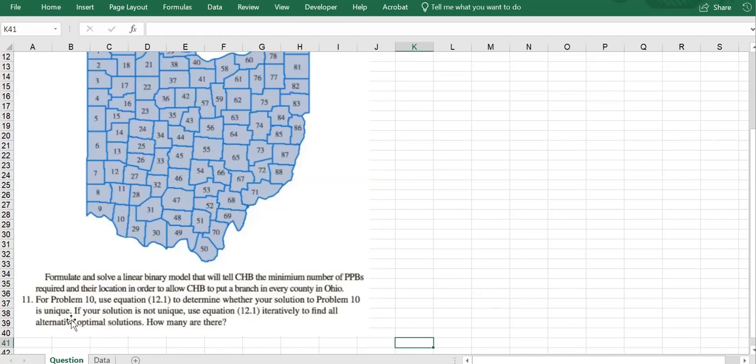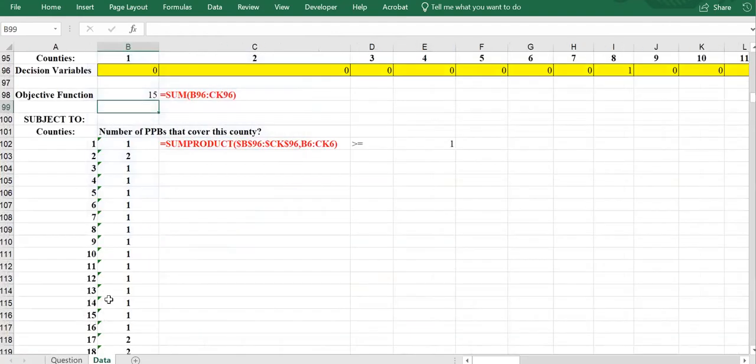Basically, we're trying to see if we can find an alternative best answer, or a second best answer. And it asks how many different optimal solutions there are. So we just found one of them. Now we're trying to see if we can find an alternative solution.